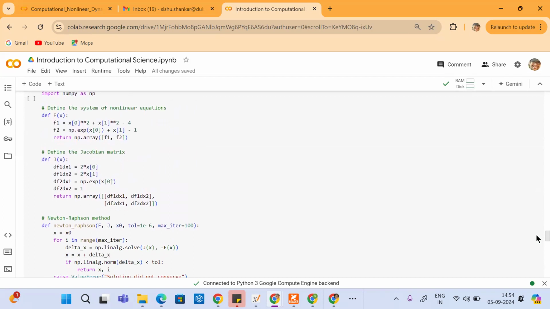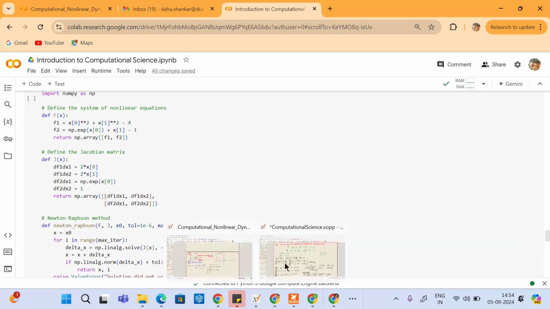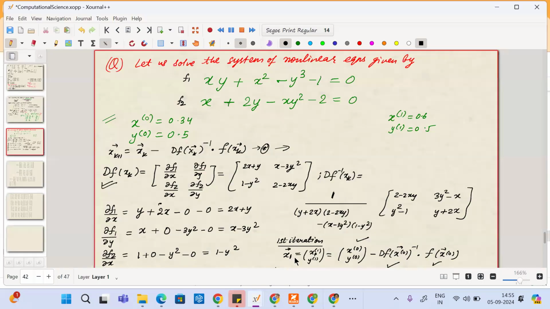Okay, so let me see what kind of equations I have taken here. Python is solving another equation for you. Let me write the equation.